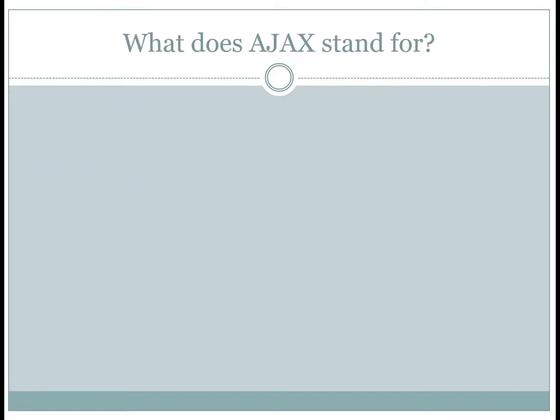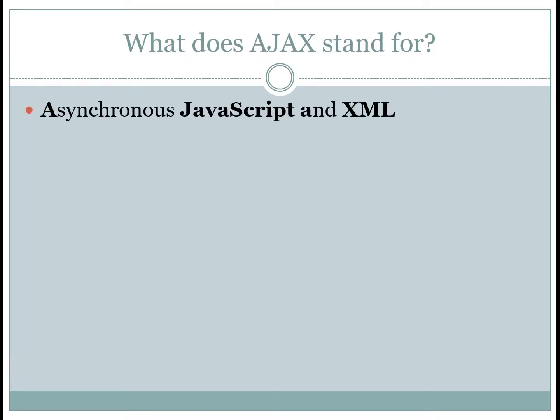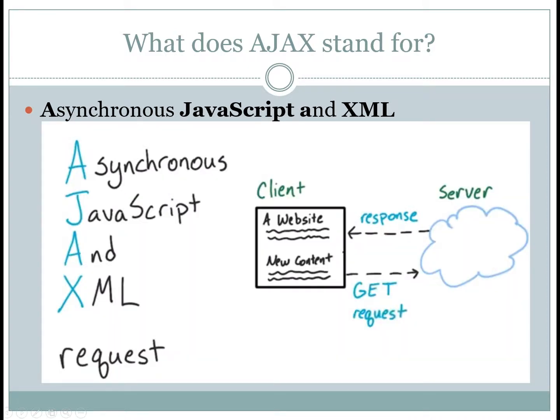Okay, let's answer the first question. What does AJAX stand for? AJAX stands for Asynchronous JavaScript and XML Request. For now, let's just think of it as an asynchronous JavaScript request. AJAX requests allow for content retrieval and display without reloading the web page.